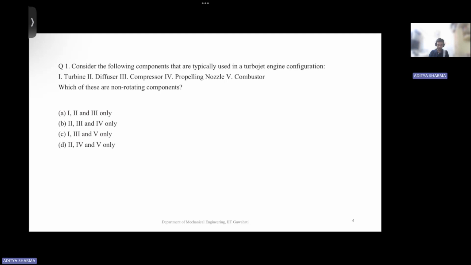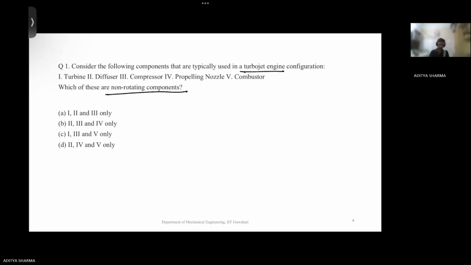So we have been given components of a turbojet engine, and which of these are non-rotating components?